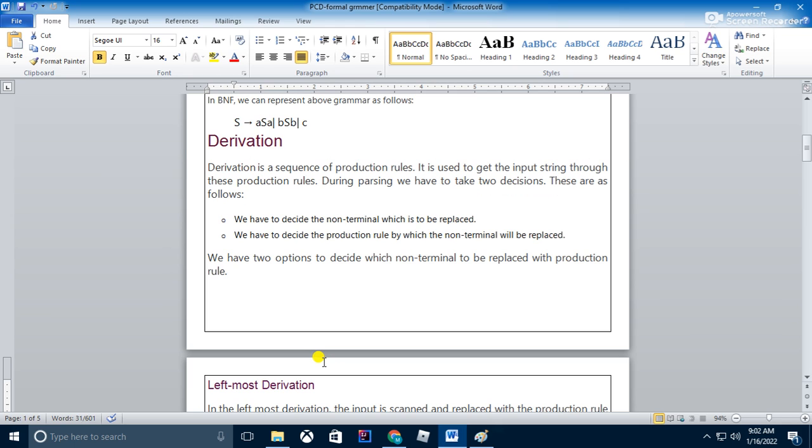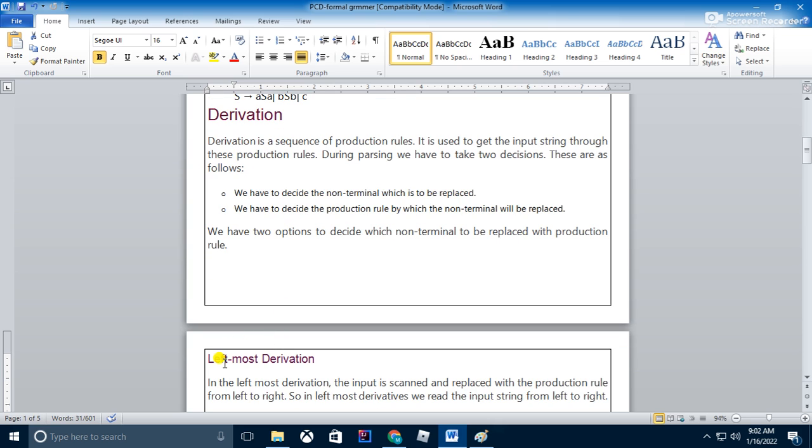During the parsing process, we require replacing the productions and derivations. Based on that production and derivation, we can use either leftmost derivation or rightmost derivation. The derivation process is a sequence of production rules. It is used to get the input through the production rules.